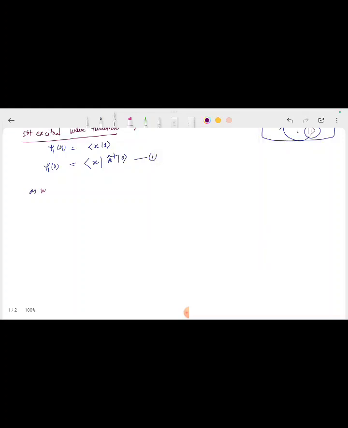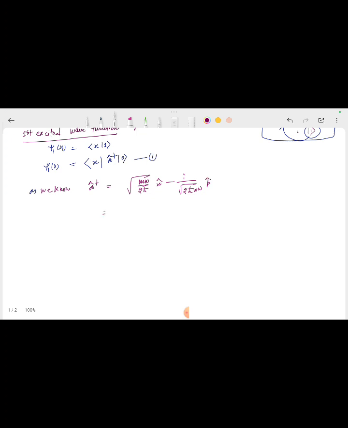As we know, the raising operator is equal to root under mω upon 2ħ times x cap minus i upon 2ħmω times p cap. We already derived this.